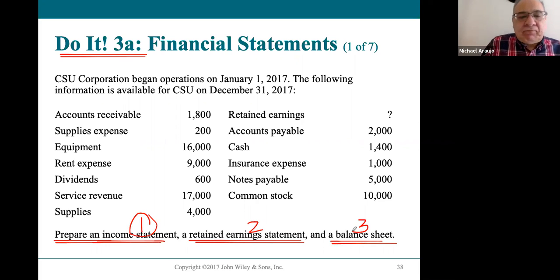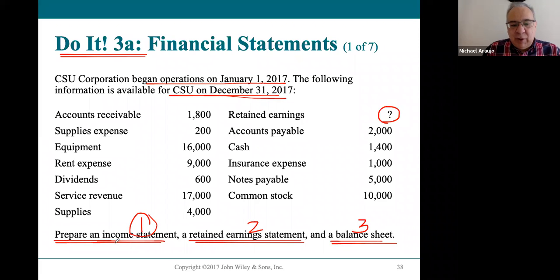Okay. Now, in this case, this particular company is brand new. They just opened up on January the 1st of this year. And what they're asking us to do is to prepare the statements at the end of its first year of operations. That's why there's no retained earnings, because you have to do an income statement to find out what they are, right?